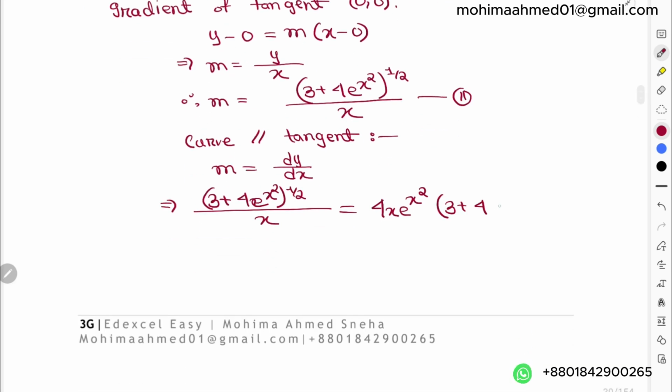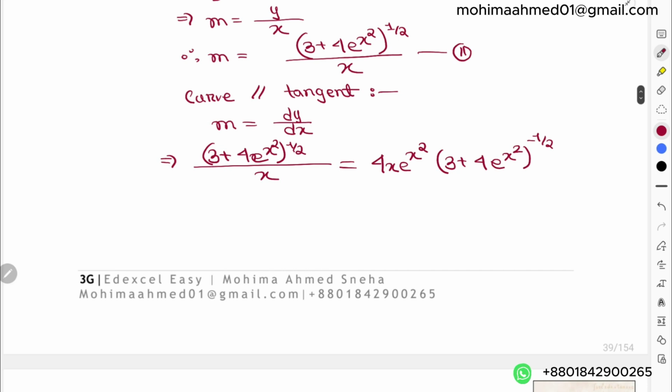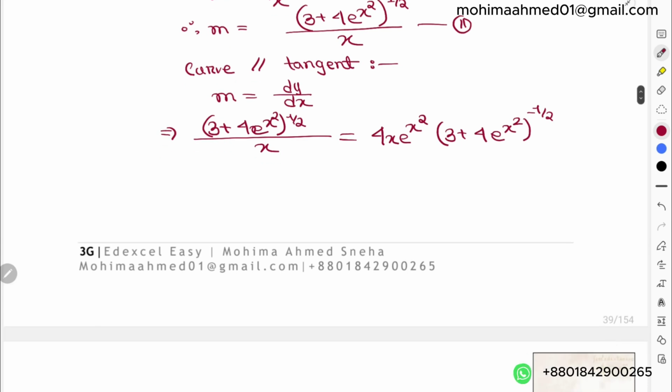times (3 + 4e^(x²)) with a negative half power, right? Now after this you just have to simplify this equation. If I want to simplify this, I can do cross multiplication. So it will be (3 + 4e^(x²)) with the positive half power.